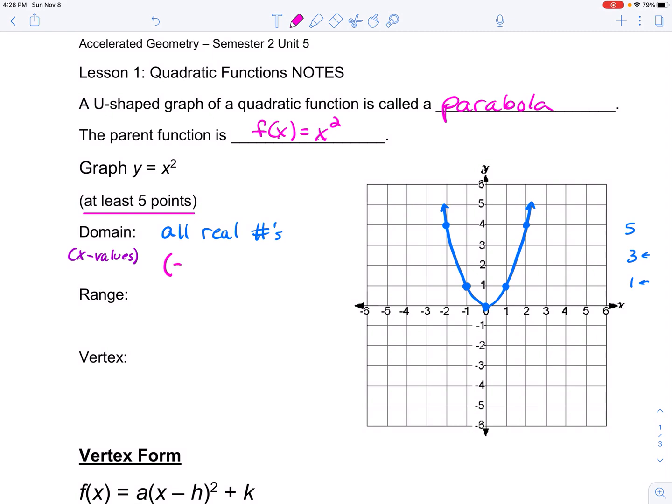You would have negative infinity to positive infinity with parentheses. The range are your y values.